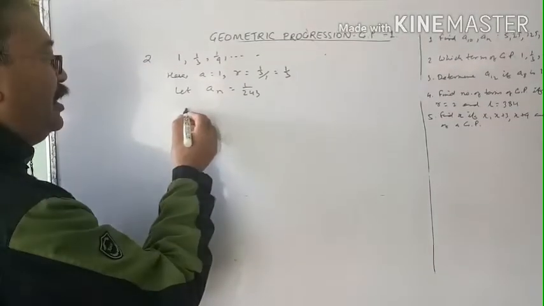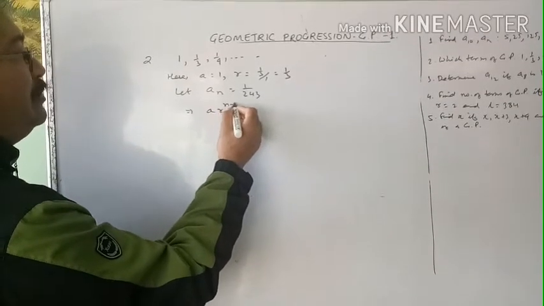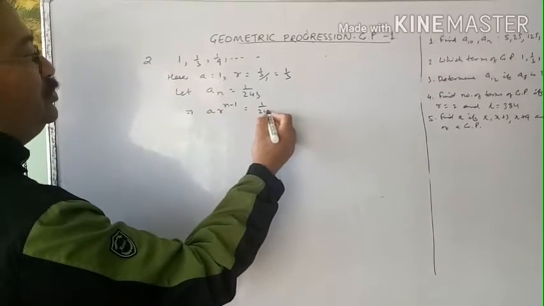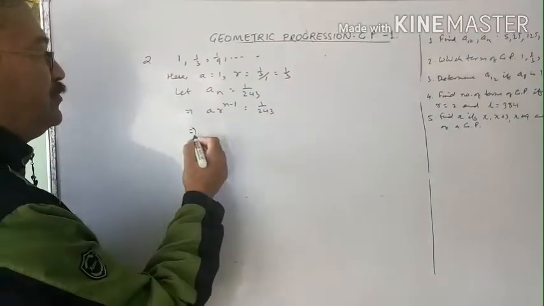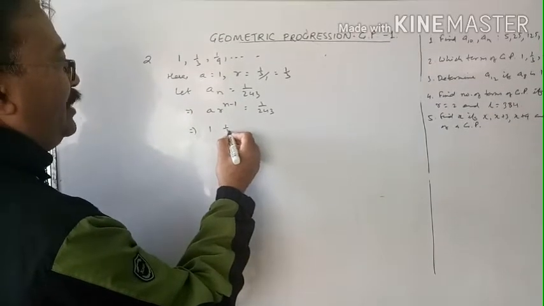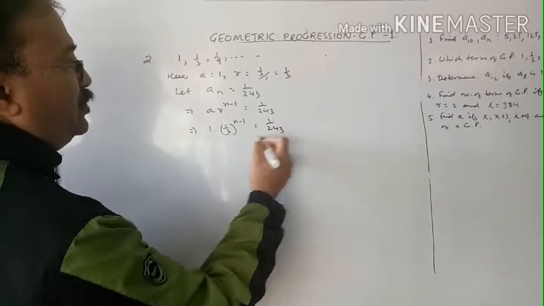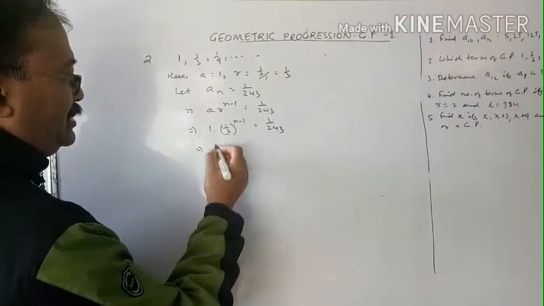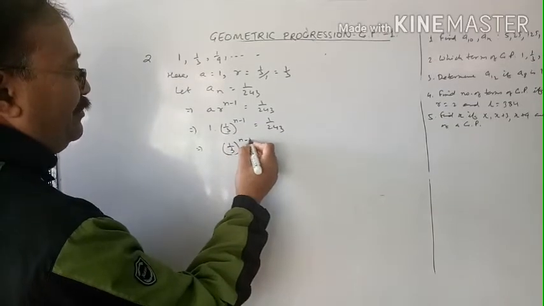So we know the formula of the nth term, that is A r to the power n minus 1 equal to 1 by 243. So put the values of A and r. A is 1 into r is 1 by 3 to the power n minus 1 equal to 1 by 243. So we get 1 by 3 to the power n minus 1 equal to 1 by 243.